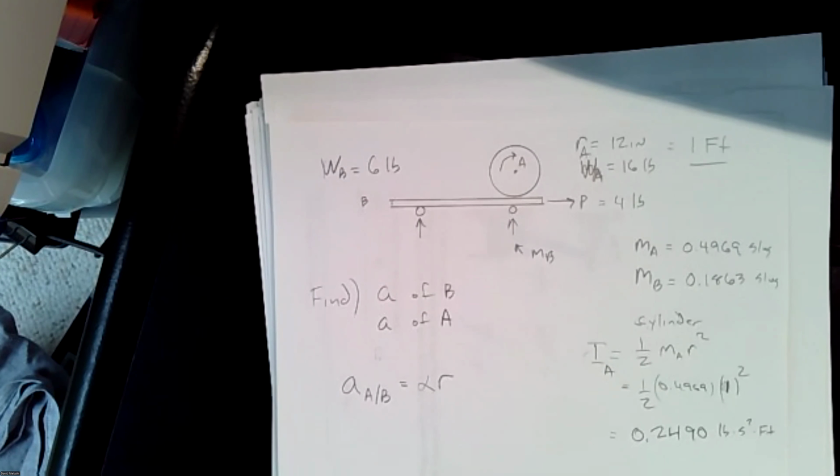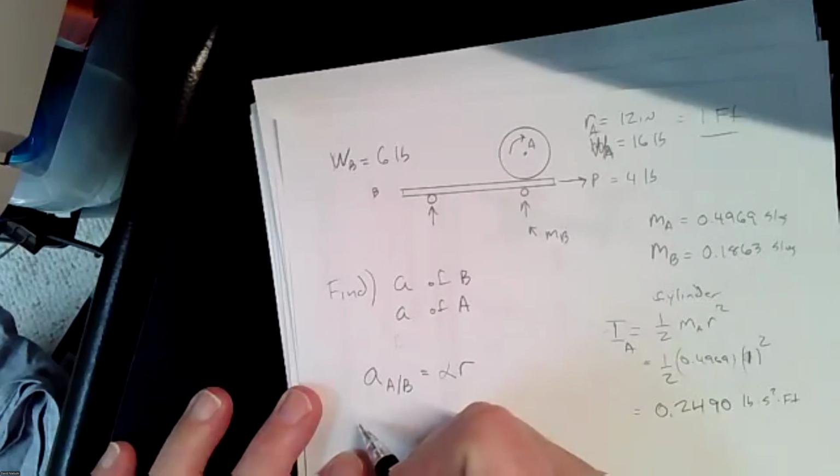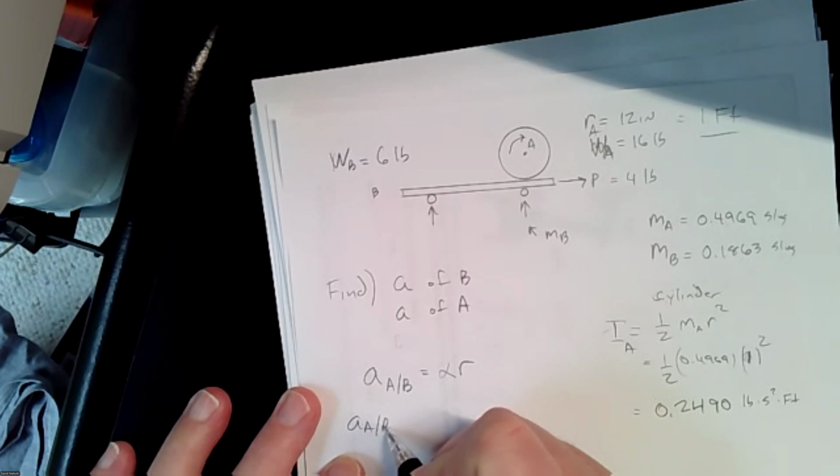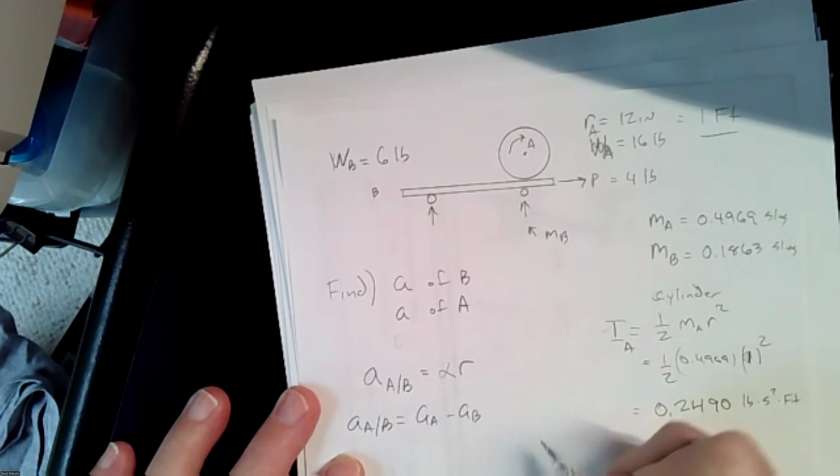So we're going to use that to say that the acceleration of A relative to B is equal to the acceleration of A minus the acceleration of B. But we know that this equals that, which equals that.